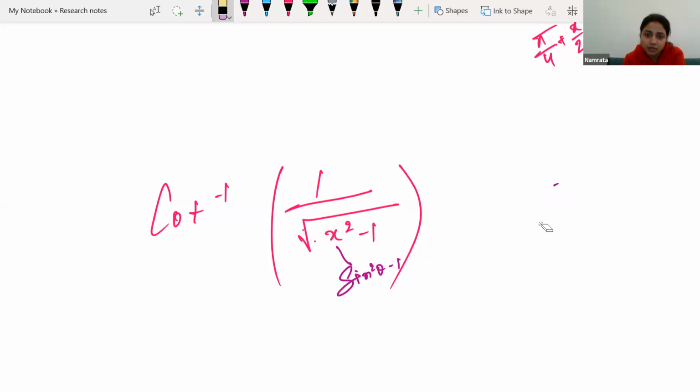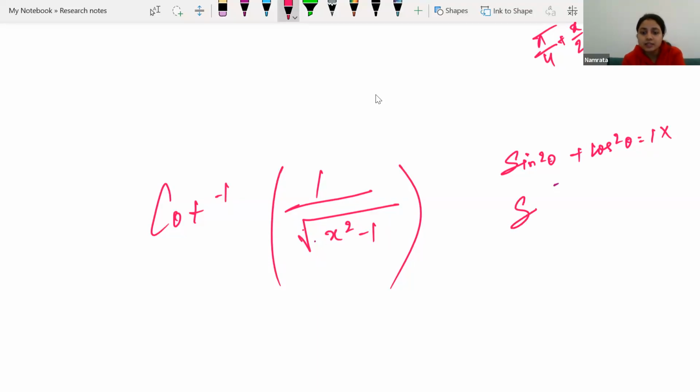What about the other guess? We have three identities. Sine square theta plus cos square theta is equal to 1, which didn't work. The next one is sec square theta minus tan square theta is equal to 1. The next one is cosec square theta minus cot square theta is equal to 1.